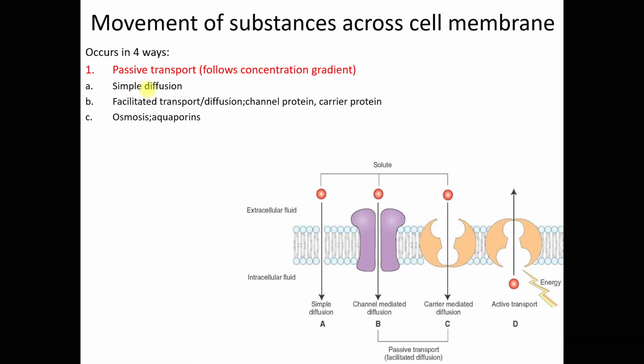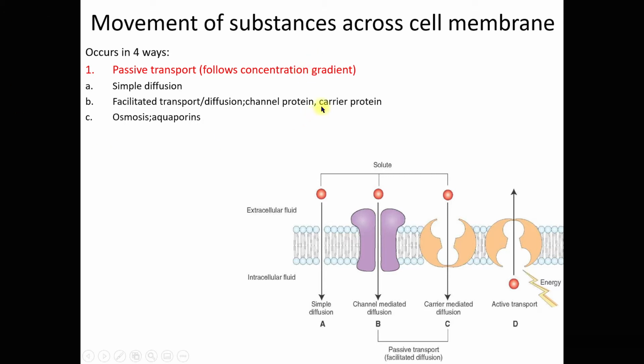In passive transport, the substances move following the concentration gradient, meaning to say from a region of higher concentration of that substance to a region of lower concentration of that substance. For example, water diffuses from a higher water concentration region to a lower water concentration region, from a region of high concentration to a region of low concentration.